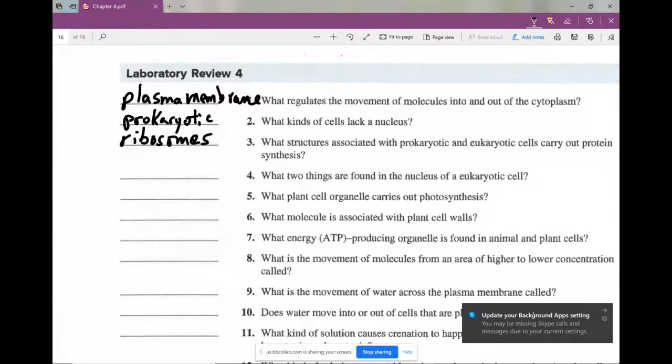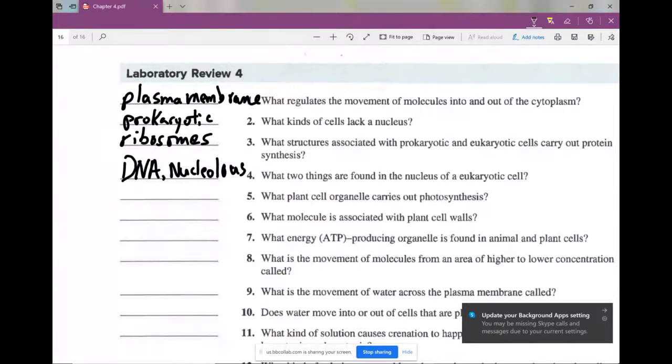So one of the things is DNA. Okay, and they also have a central organelle, which is the nucleolus. That's fine. You can just say nucleolus and DNA, or genetic material.